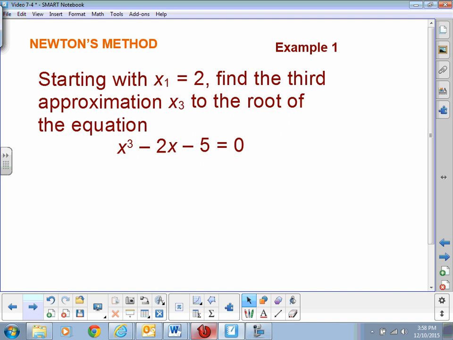So we're going to do a couple examples now of how to actually find the root. For this one, they're only asking us to go up to x3. So we need to know what x1 is, which is 2. We'll find x2, and then we'll find x3.